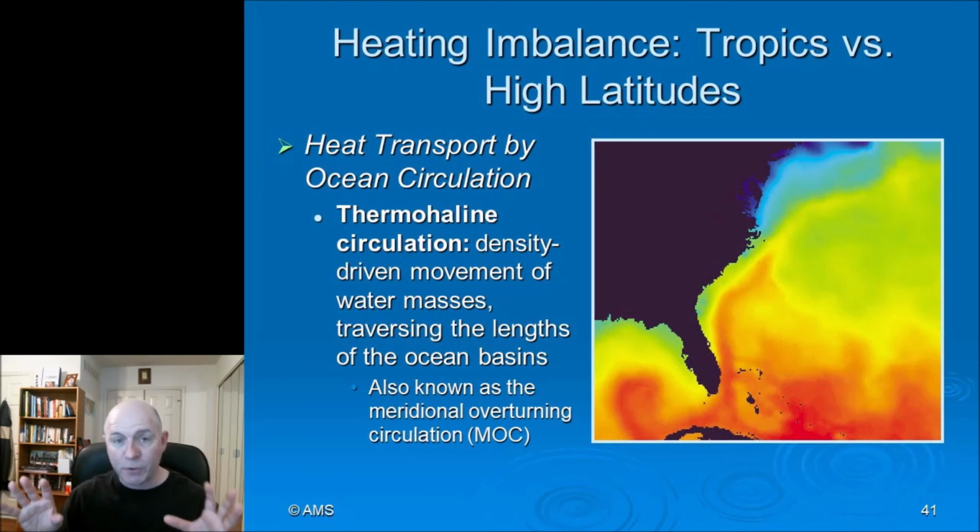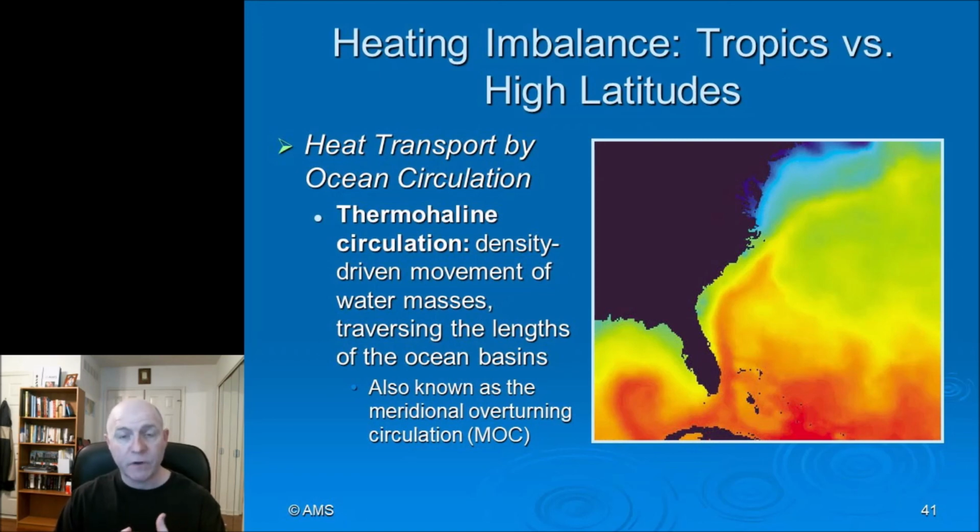Density, which means temperature, and salinity, saltiness, drive currents through the movement of these water masses going all around the ocean basins: the Atlantic, the Pacific, the Indian, the Southern Ocean. We've got different water temperatures, different water salinities, and the Earth is turning, and it bumps into continents.